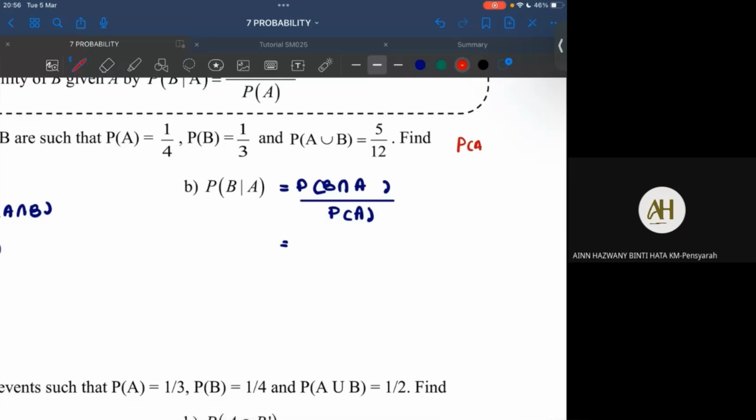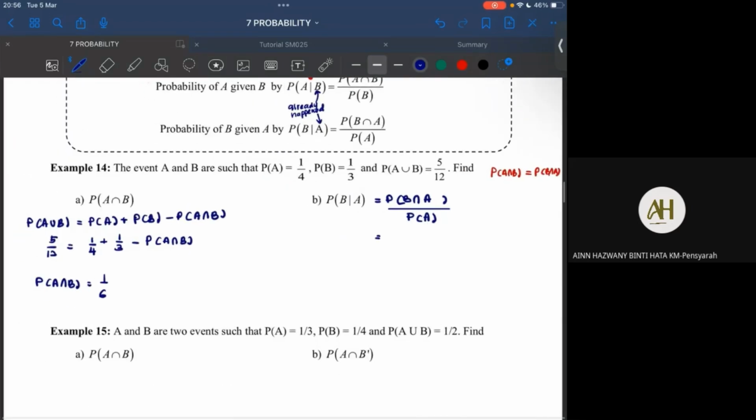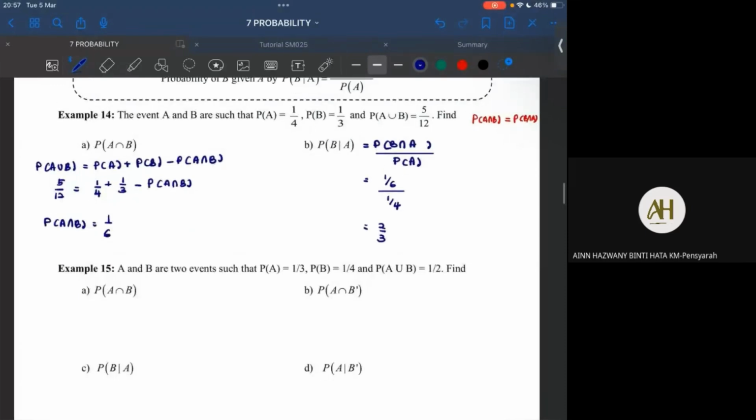P(A intersect B) dan P(B intersect A) benda yang sama. Tak ada masalah, terbalik. So, this will be 1/6. So, P(A) given in the question 1/4. So, we have our conditional probability 2/3. Okay.